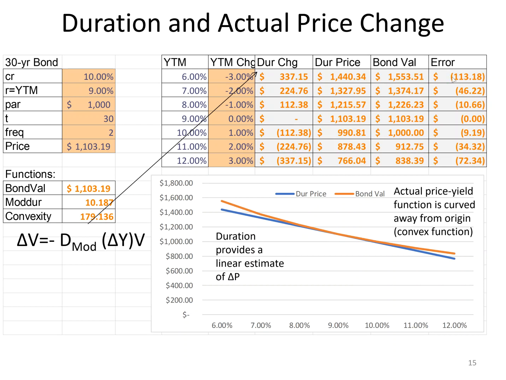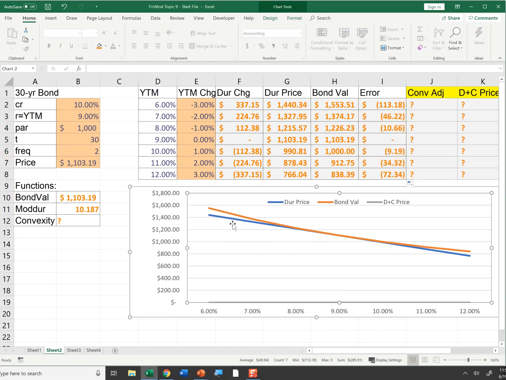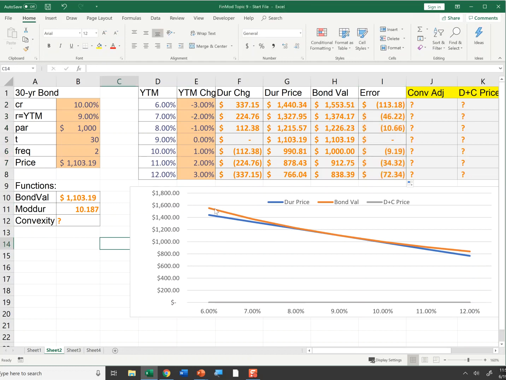So if we calculate those errors, taking the duration estimated price minus the actual price, we have these errors. What we call these errors are convexity errors or curvature errors. They're errors due to the fact that the actual price yield relationship of a bond tends to be convex.